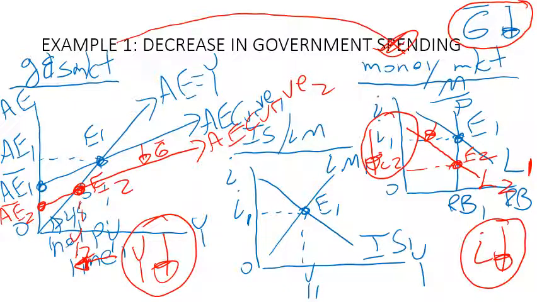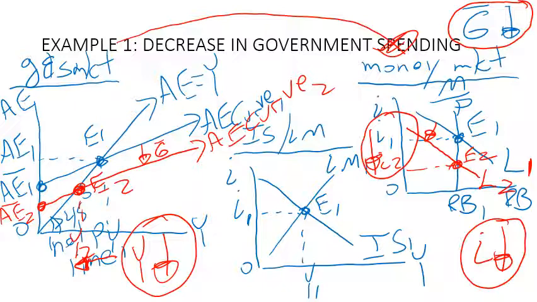So for the purposes of ISLM analysis, the question is, this decrease in government spending, is it an LM event or is it an IS event? It's definitely an IS event, because it's the goods and services market where the event started.